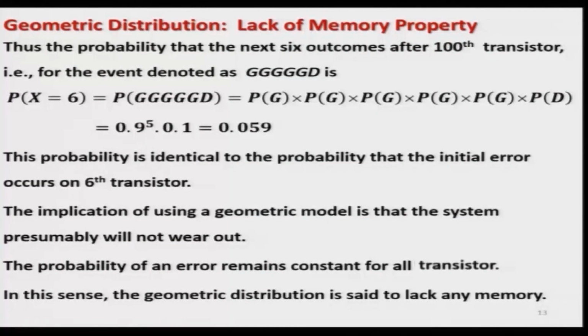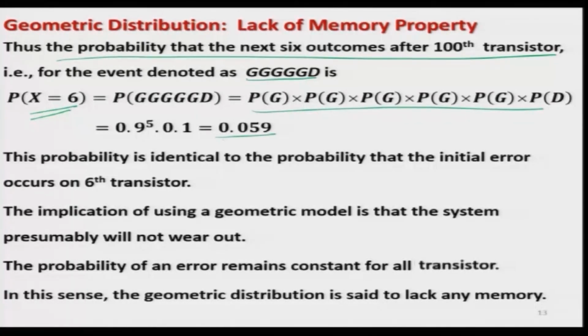The probability that the next 6 outcomes after the 100th transistor, the event indicated by G G G G G D, is simply the probability that X equals 6, since the trials are independent. We already obtained this, something like 0.059, and this probability is identical to the probability that the initial error occurs on the 6th transistor.